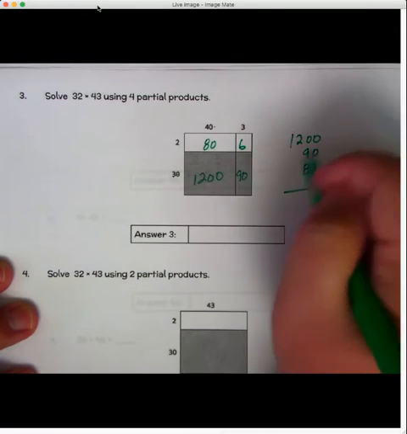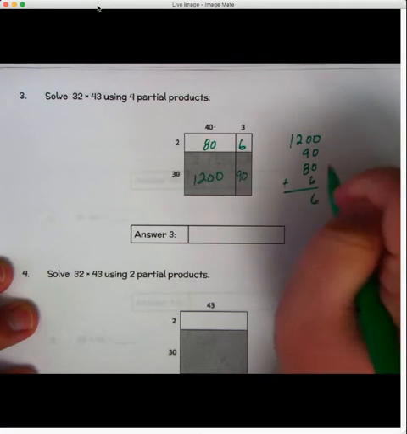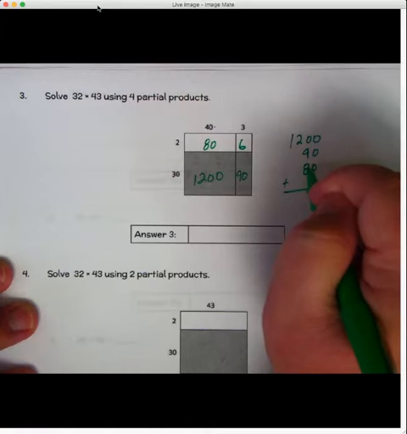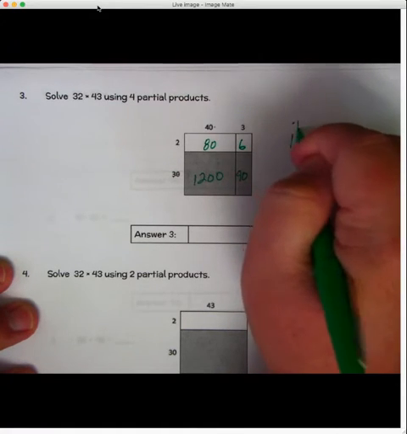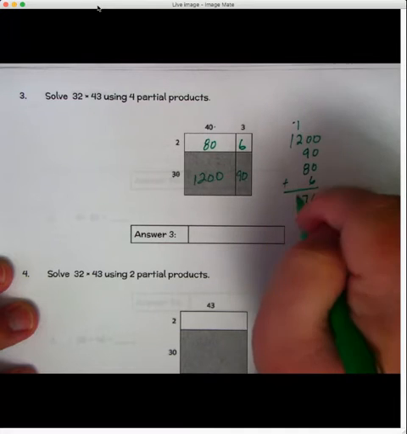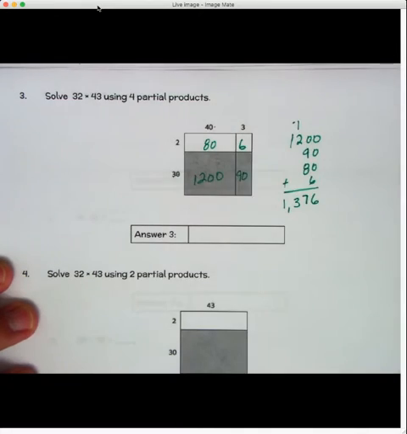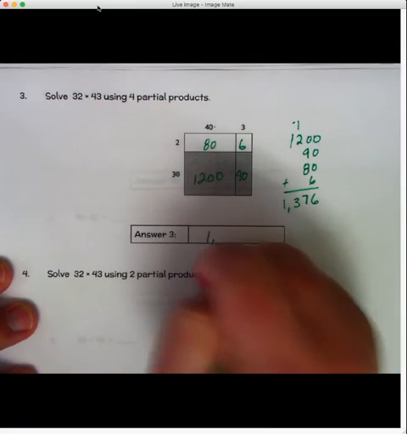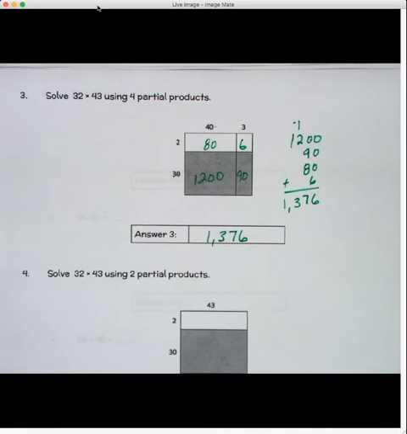I'm adding them together. 0 plus 0 plus 0 plus 6 is 6. 0 plus 9 is 9 plus 8 is 17. Put our 7 down. Carry our 1 over the 2. 1 plus 2 is 3. And we have only 1,000s. So our answer is 1,376.